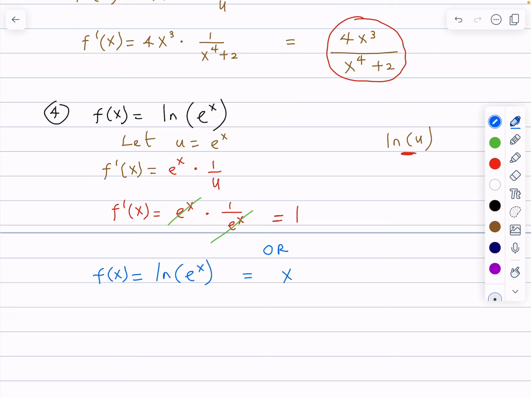So that means my f of x is just equal to x. If you take the derivative f prime of x using the power rule, you get 1. So if you look at the two answers, they are the same. The answer here is 1 and the answer here is 1. I hope this helps. Thank you.